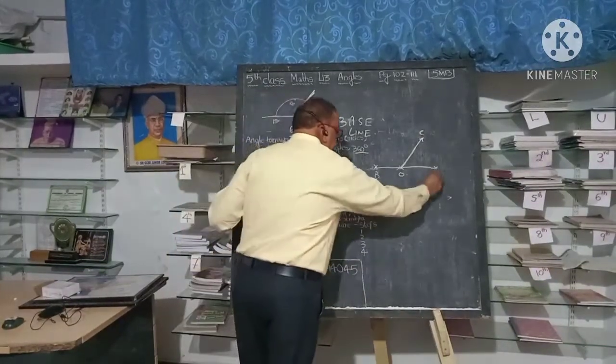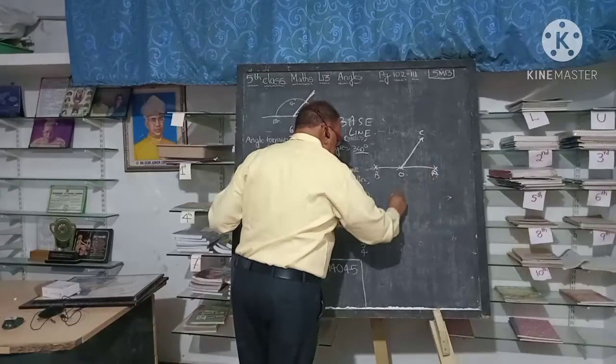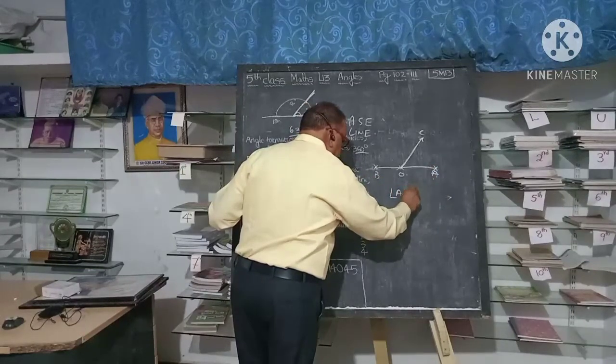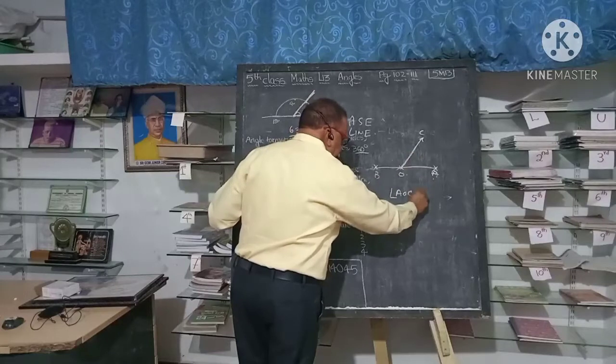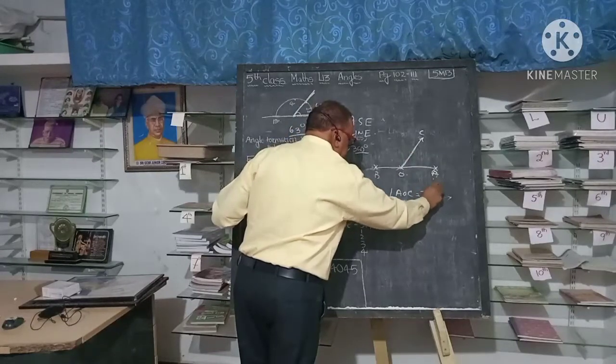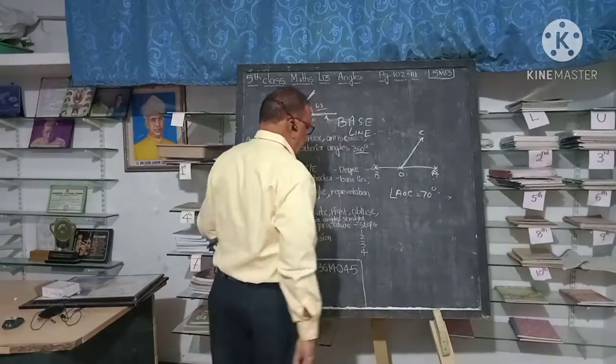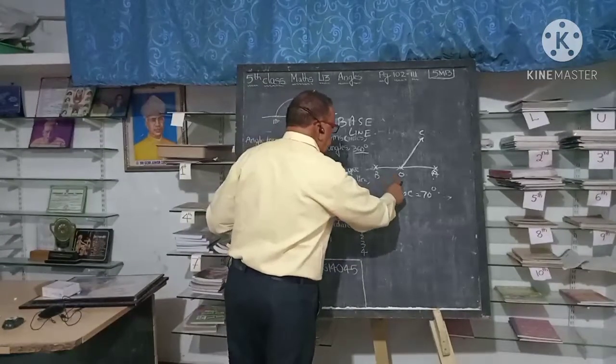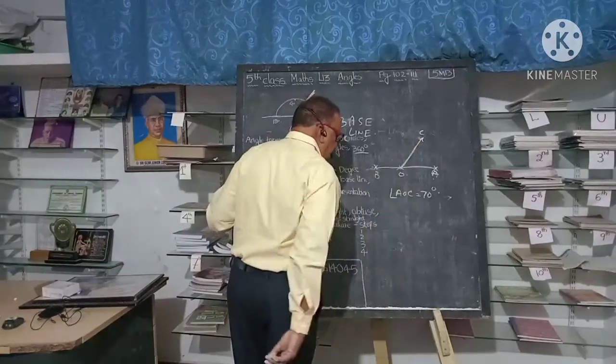So this angle, angle AOC, is some angle, let's say about 70 degrees, as an example. Now here O is the vertex, OA and OC are the arms, right?